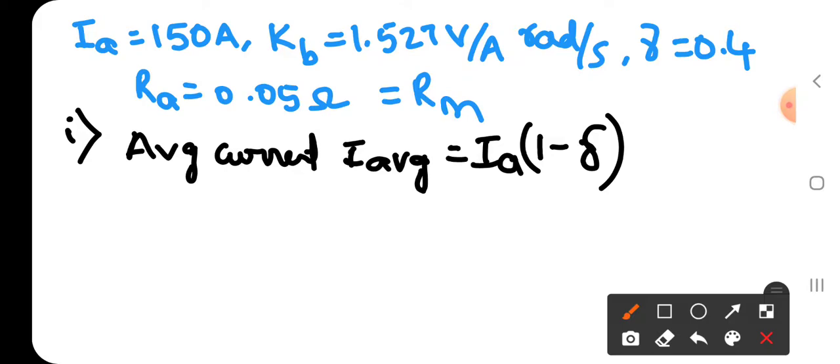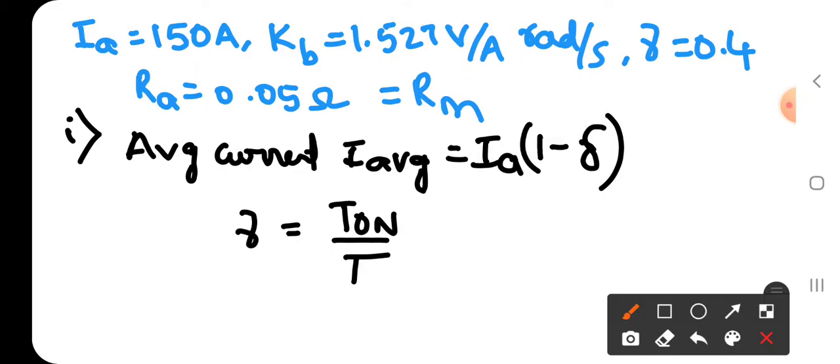That means this is the average current passing through the chopper when it is employed for braking. So what is gamma? Gamma is equal to T on by T. But braking is employed by turning off the chopper, so we disconnect the source and connect one resistance across the motor.